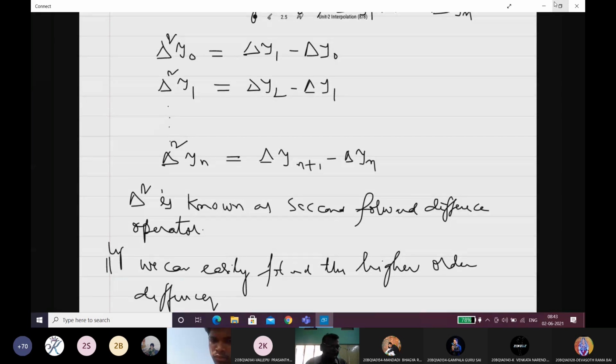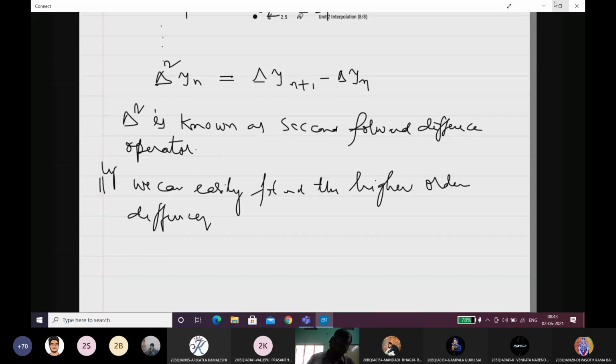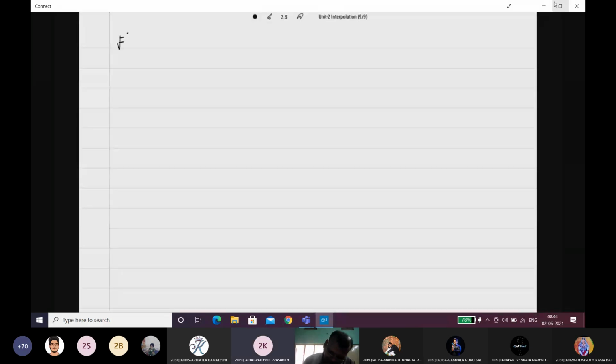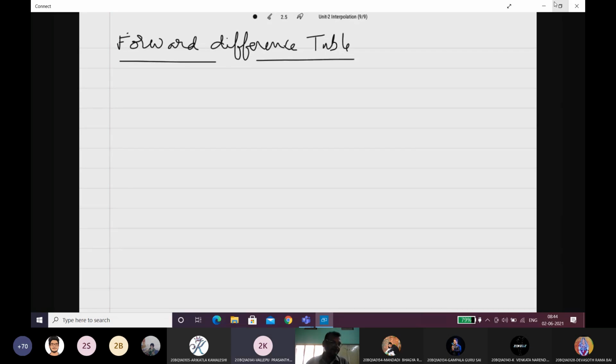Now, let us see the simple table related to the forward difference table. Forward difference table. Okay.